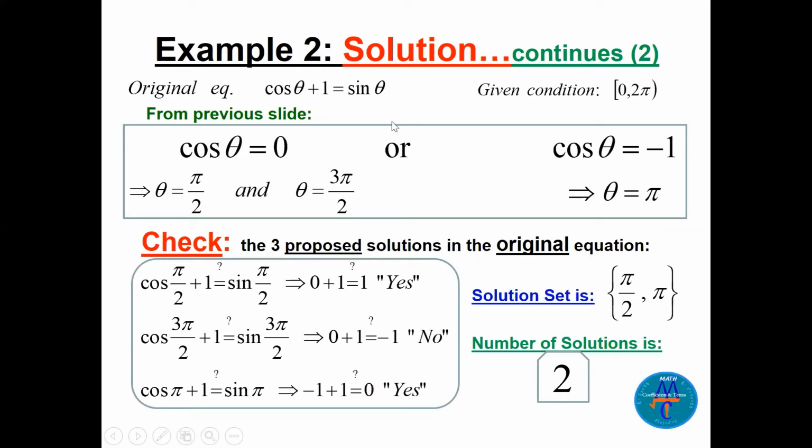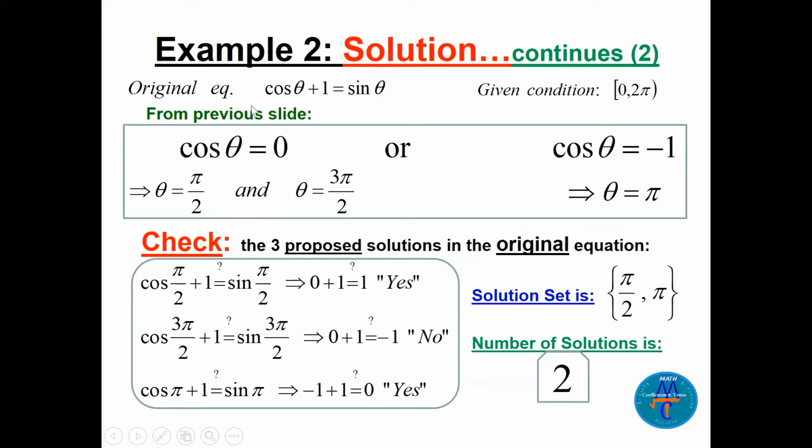Which angles in this given condition from 0 to 2 pi will make the cosine of theta equal to 0? Theta will be pi over 2 and theta will be 3 pi over 2. Cosine of theta is equal to minus 1, theta will be pi. So we have three proposed solutions to check. We have to check all of these.